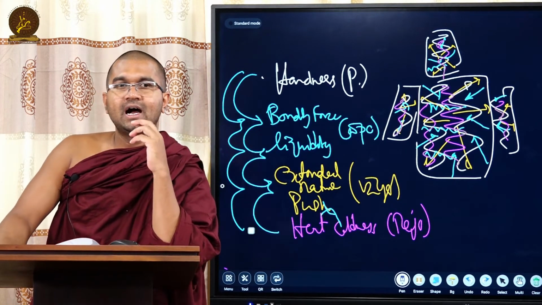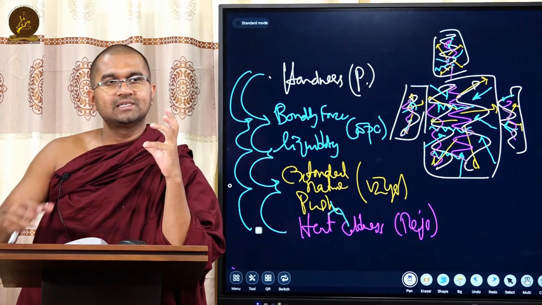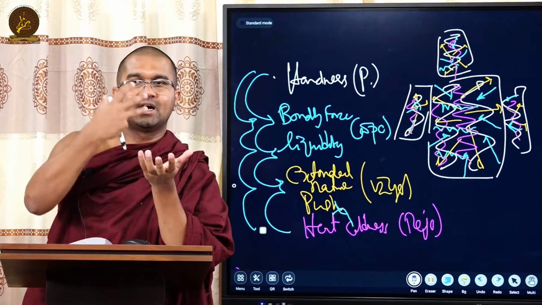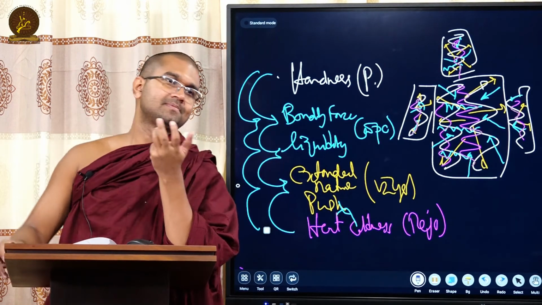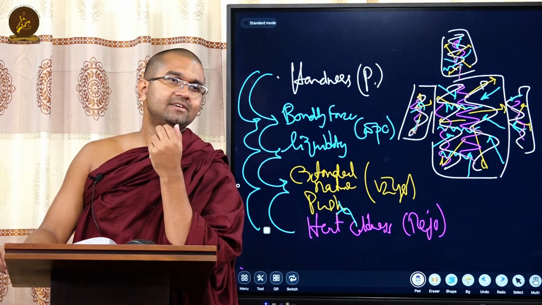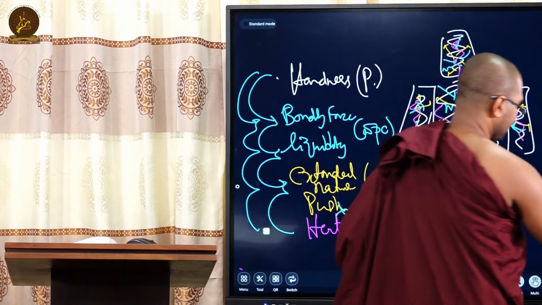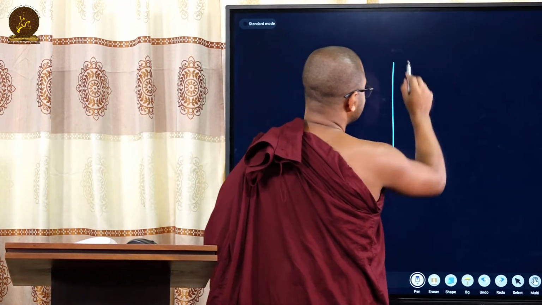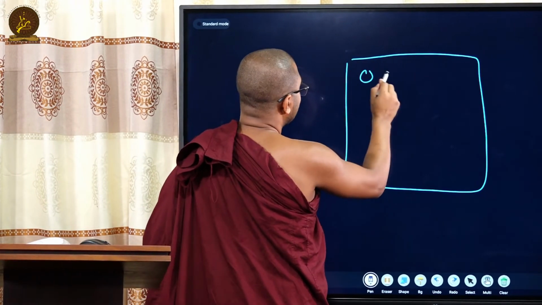Then regarding the kalapiya four great elements that exist within a kalapa, the hardness in a certain kalapa is different from the hardness in another kalapa. It's different from another kalapa, right? So if you draw it, you get a certain idea. Now, in a physical body, we have kalapas.